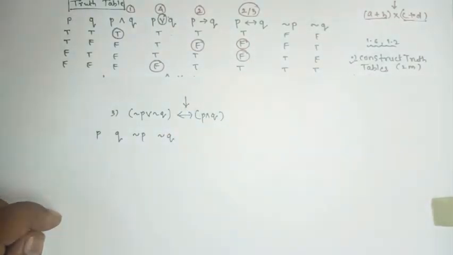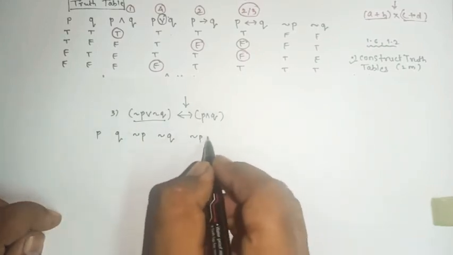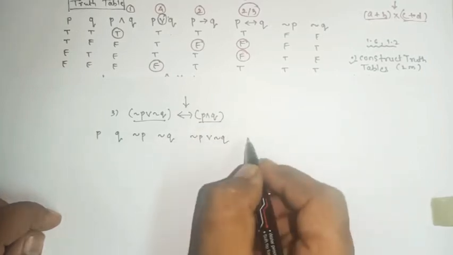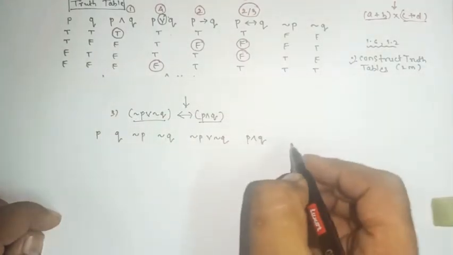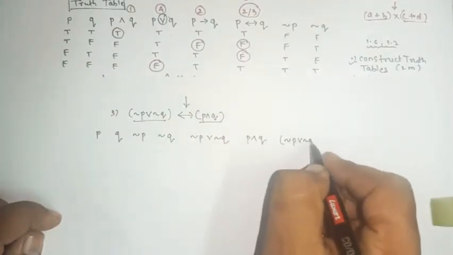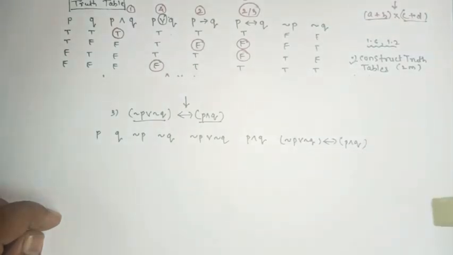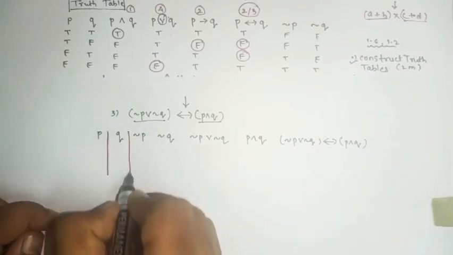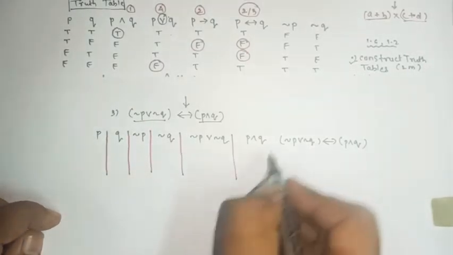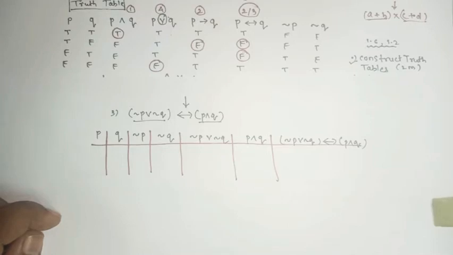Here the main connection is double implies, so this slot will come first, negation of P or negation of Q, then after that this slot will come, P and Q, then after that the final pattern will come. Yes or no? Done? So done with the construction.